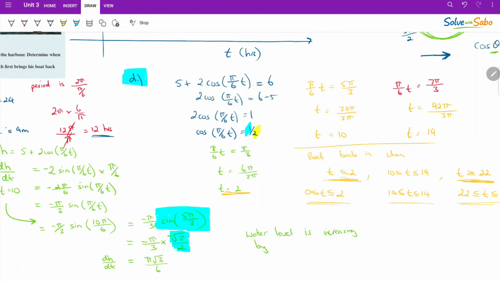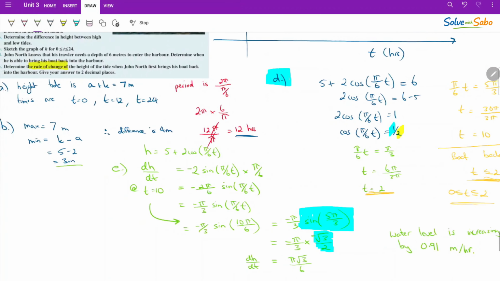We'd put that in our calculator and try to get a decimal so we can talk about it. If we put that in my calculator, the answer is 0.91, and it's meters with respect to time, which is hours. So that means we are increasing by 0.91 meters per hour.